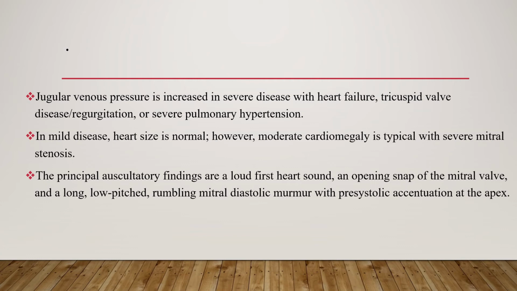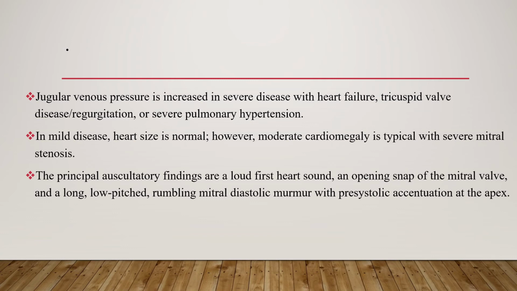Sometimes, if there is severe mitral stenosis, a holosystolic murmur secondary to tricuspid insufficiency might be audible at the left lower sternal border. If there is also pulmonary hypertension due to complications of mitral stenosis, the pulmonary component of S2 is accentuated.